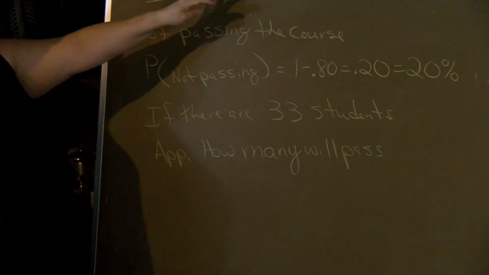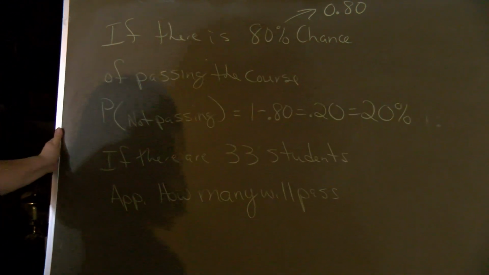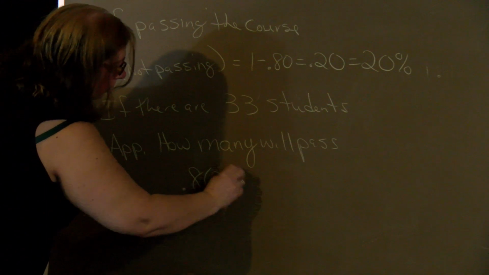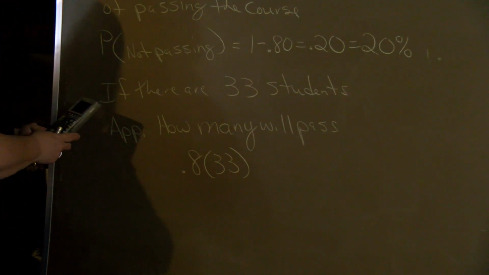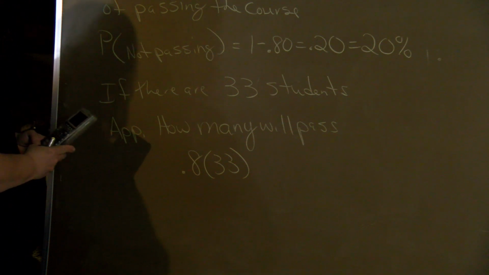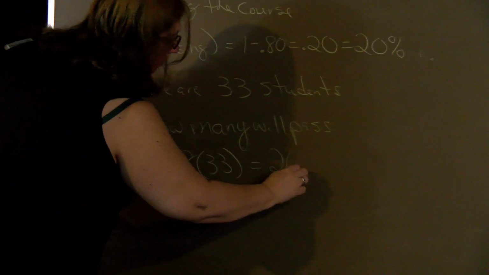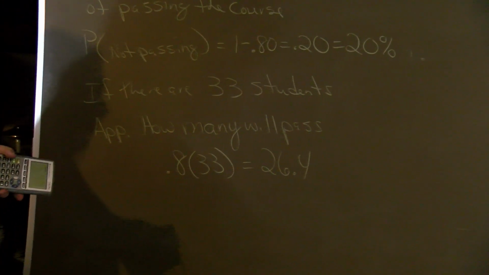Well, we know 80% are going to pass, so we take 80% of the 33, which means we need to multiply them. So 26.5 students will pass.